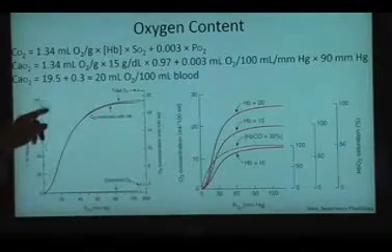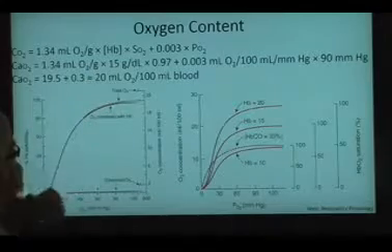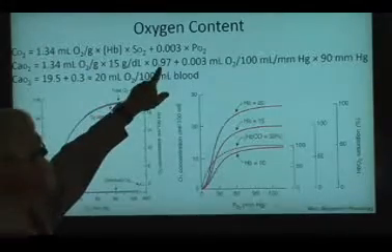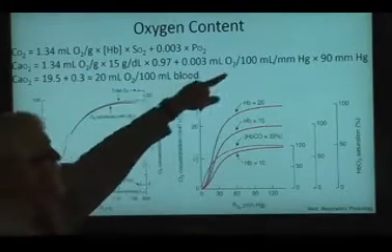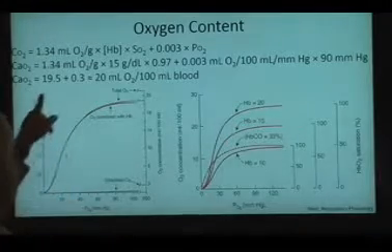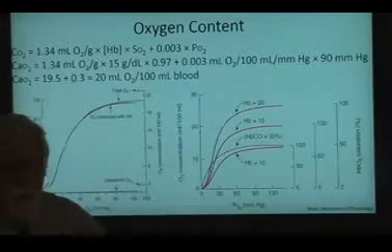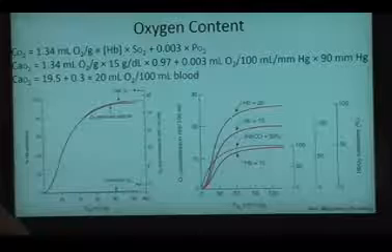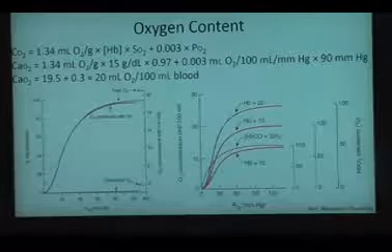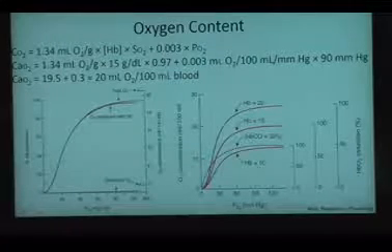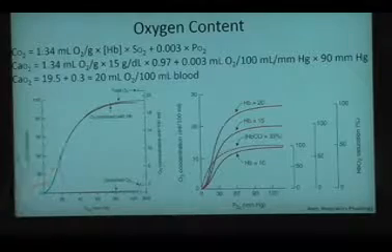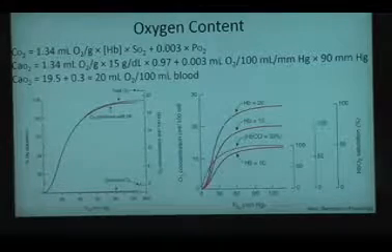For example, with a hemoglobin of 15, an oxygen saturation of 97%, and a PO2 of 100, your oxygen content is about 20 mLs per 100 milliliters of blood. Textbooks list the normal oxygen content as 20, and that's the math to show that.